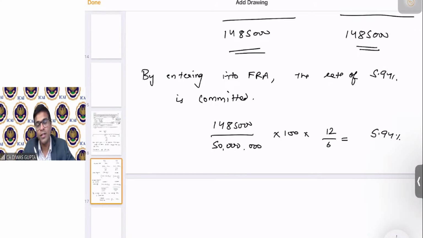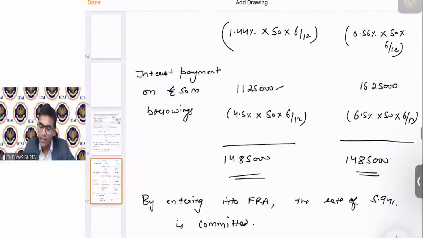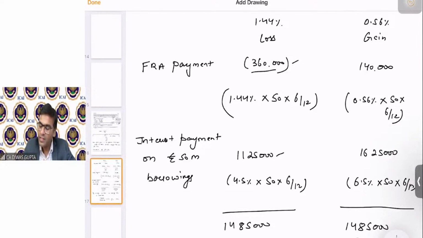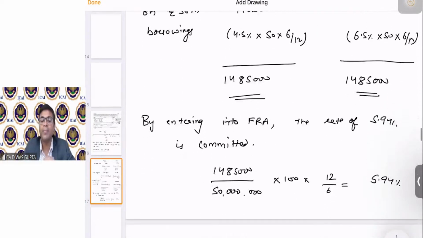Very nice. Satish Kumar, you are right, Satish. So there is only one change. The way this question has been handled is, in this case, I have not taken the present value of this gain or loss, right? Hence, our answer is coming exactly same.